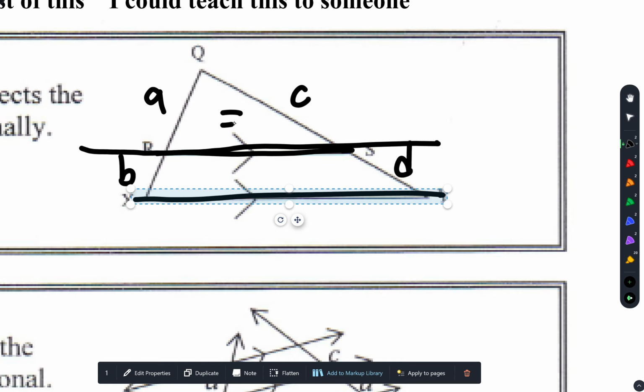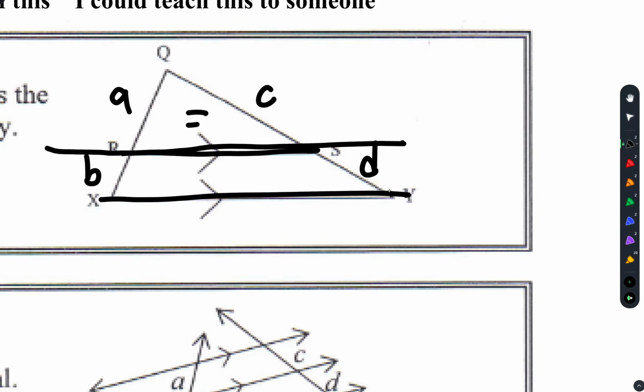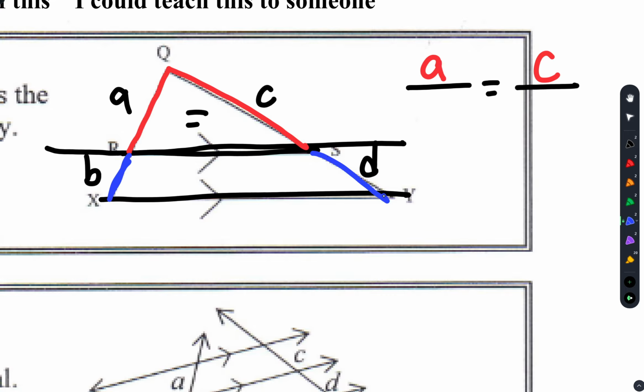You have A over B equals C over D. That is the nice thing about these theorems we're going to talk about today, is that when you look at the diagram, your proportion should be pretty much set up for you. So this would be like A and C, B, and D. Pretty straightforward, nothing too crazy there.